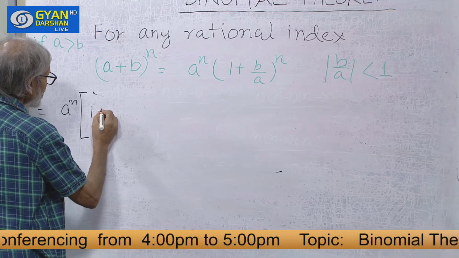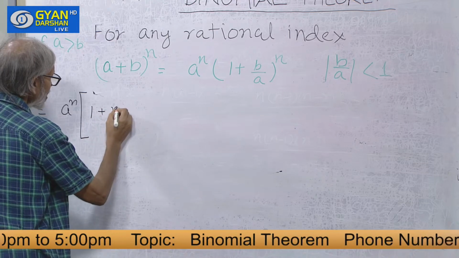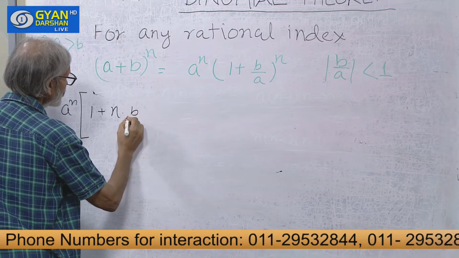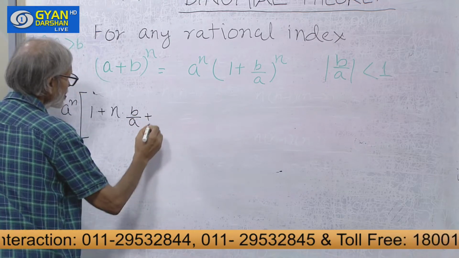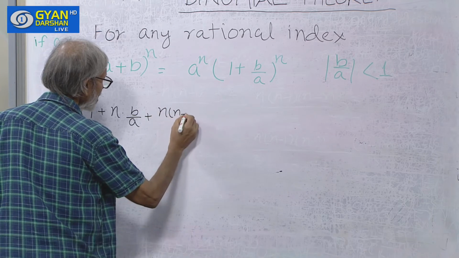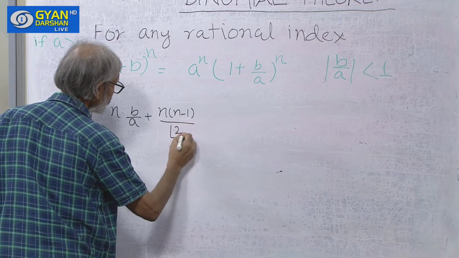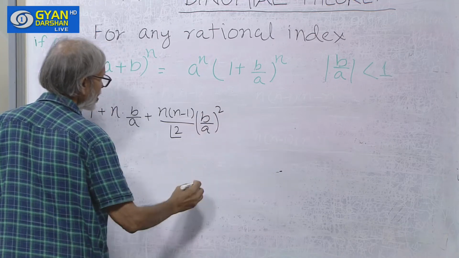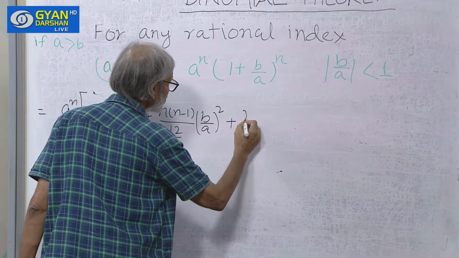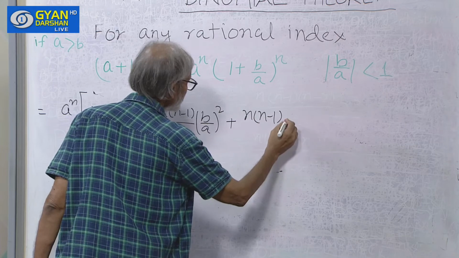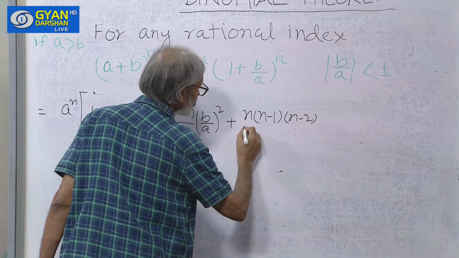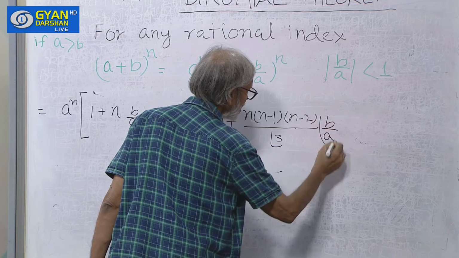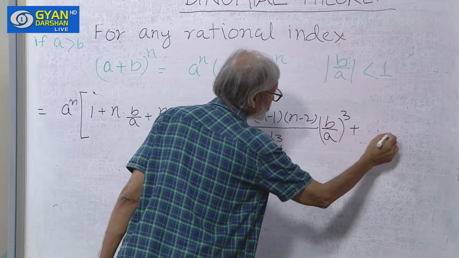So, we will write 1 + n(B/A) + n(n-1)/2! (B/A)^2 + n(n-1)(n-2)/3! (B/A)^3, and plus it will go on.